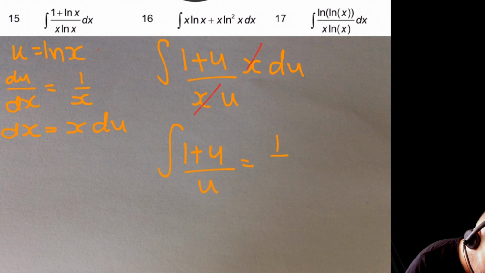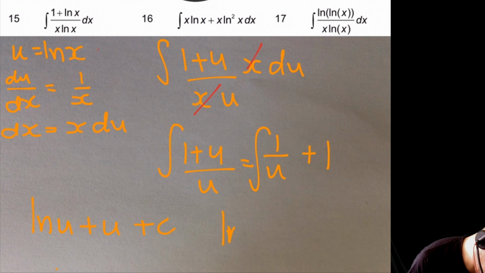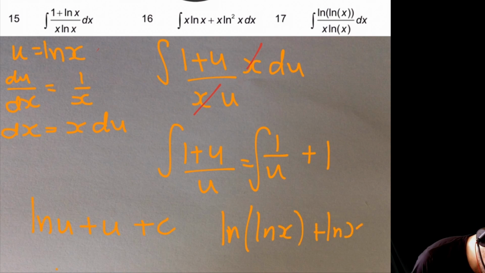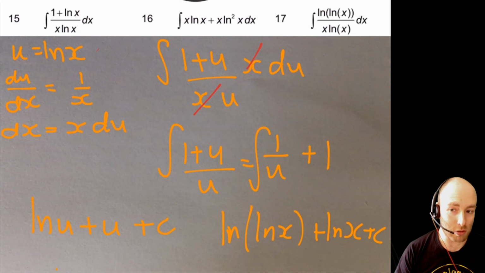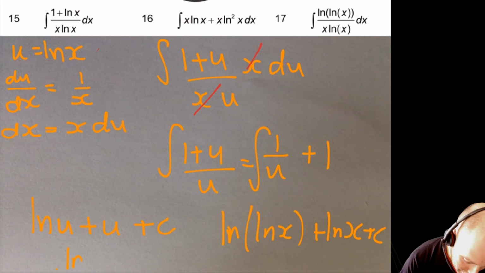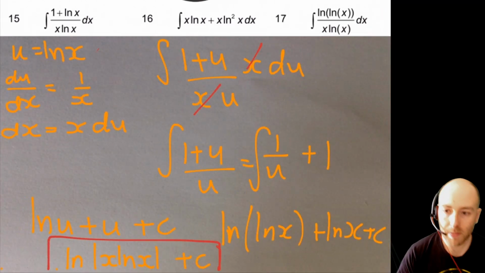We can turn that into 1 over u plus 1. 1 over u turns into ln u, and 1 turns into u, plus c. We'll put ln x back in, so we get ln of ln x plus ln x plus c, which you could use log rules on. So you could say it's ln of x ln x plus c, using the log addition multiplication rule there.